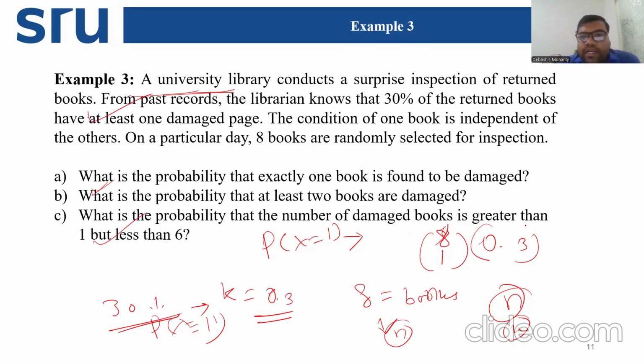So we can write 0.3, the probability of success, that is the 30%, raised to the power k. As we are calculating the probability at x equals 1, that value will be 1. Next is (1 minus 0.3) raised to the power n minus k, where n is 8 minus 1.